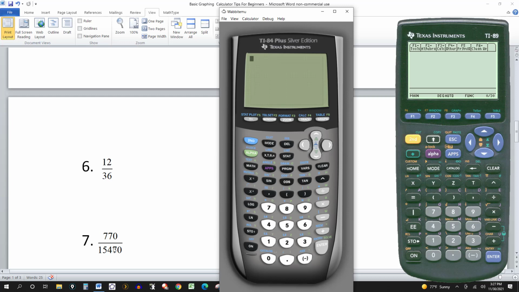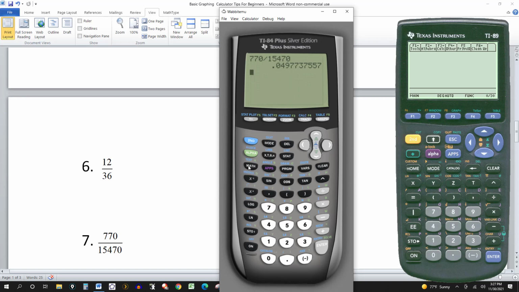Now, suppose we have larger numbers, like this one here, and you were asked to reduce this. Well, let's do this. 770 divided by 15470. Hit enter. Okay, I get it as a decimal. But suppose I want the same fraction just reduced.